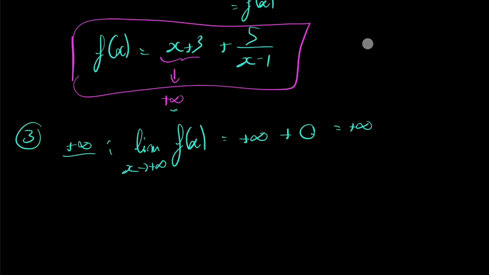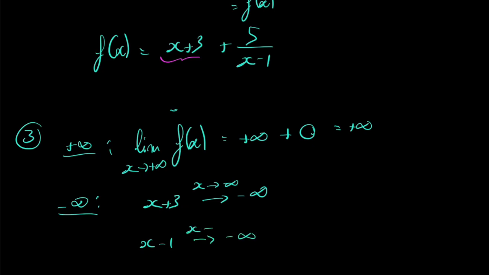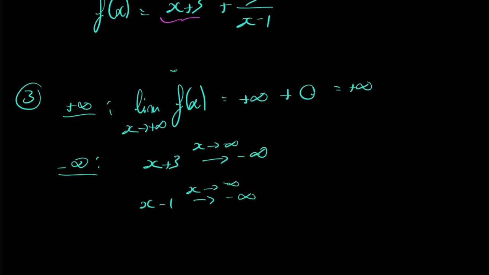First one solved. Second one, what happens in minus infinity? In minus infinity, we will have x plus 3 that obviously goes to minus infinity when x goes to minus infinity. x minus 1 will go to minus infinity when x tends to minus infinity.